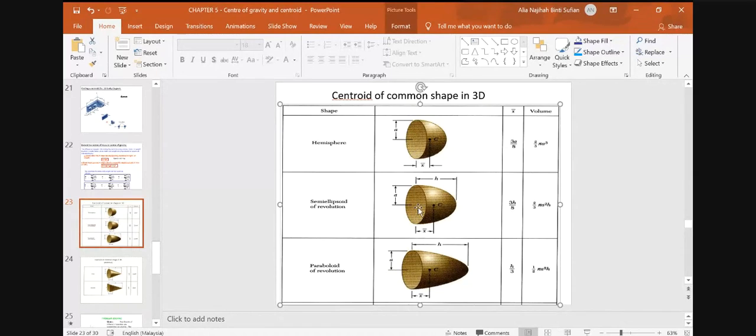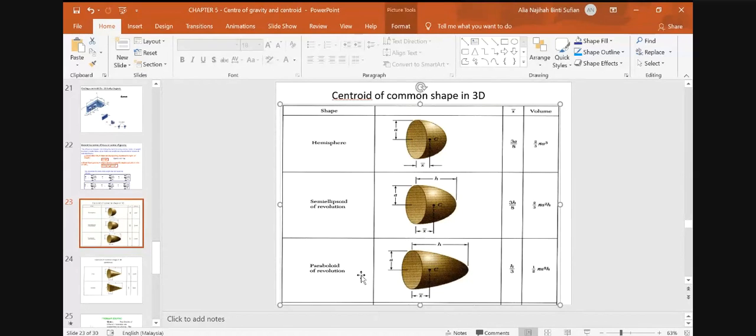Semi-ellipsoid of revolution here, semi-ellipse, yeah. The a is the radius of the cross-section of the surface here. The x bar is given by 3h over 8, where h is the height. And the volume is given as 2/3 pi a square h.